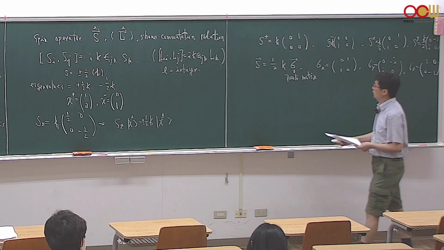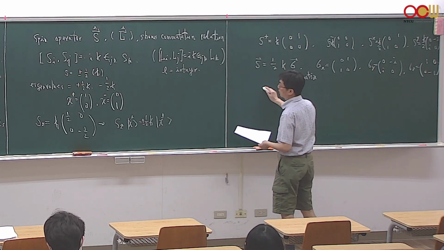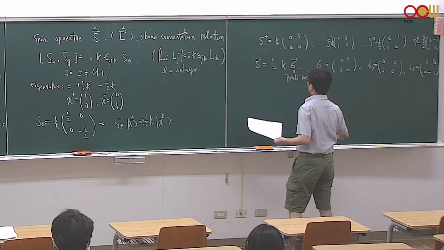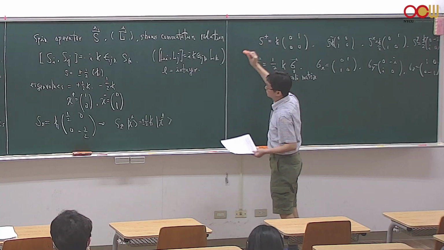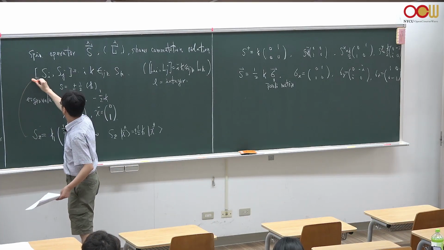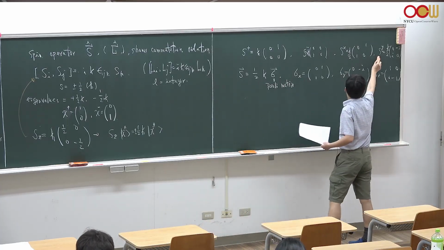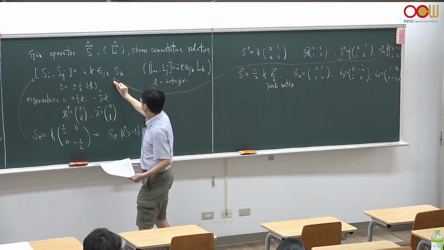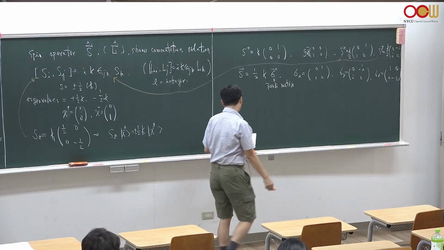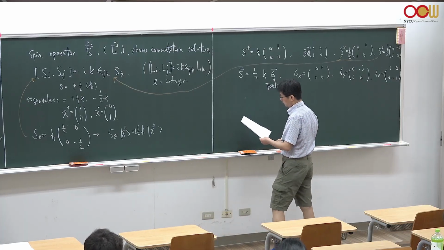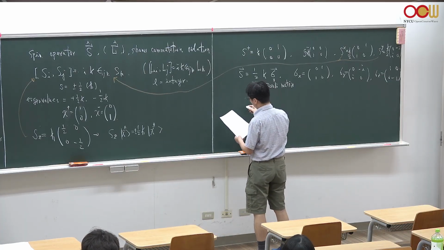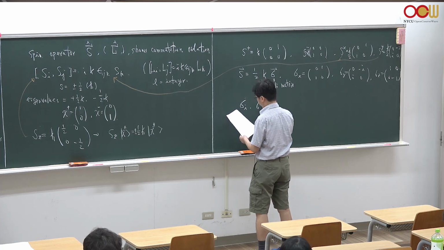So you could check very easily that this kind of 2x2 matrix representation of the spin operator satisfies these commutation relations. And so you could rewrite the commutation relations between the S in terms of the commutation relations between the sigmas, the Pauli matrices.